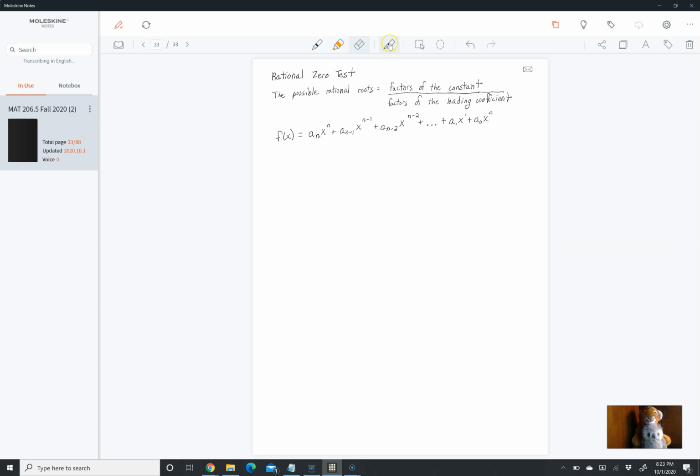So what is the constant? The constant is this last term. And what is the leading coefficient? The leading coefficient is the coefficient of the highest power of x.